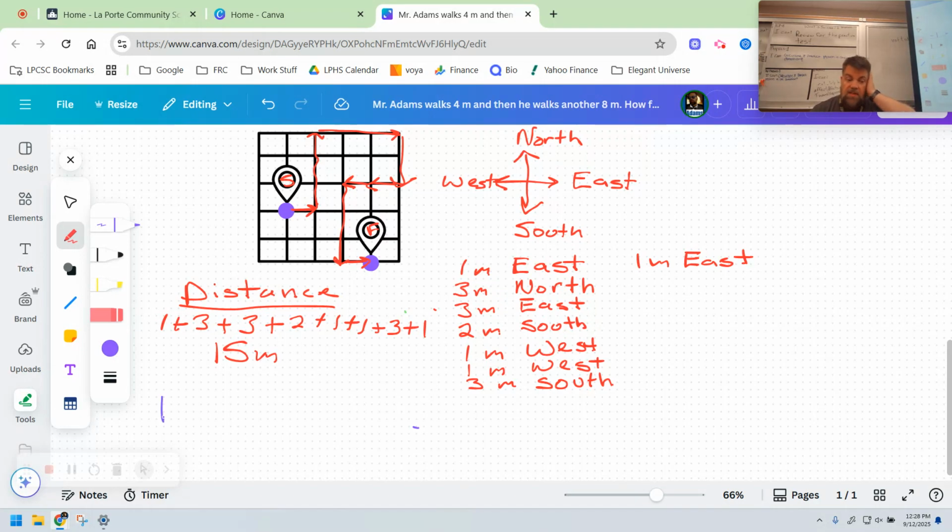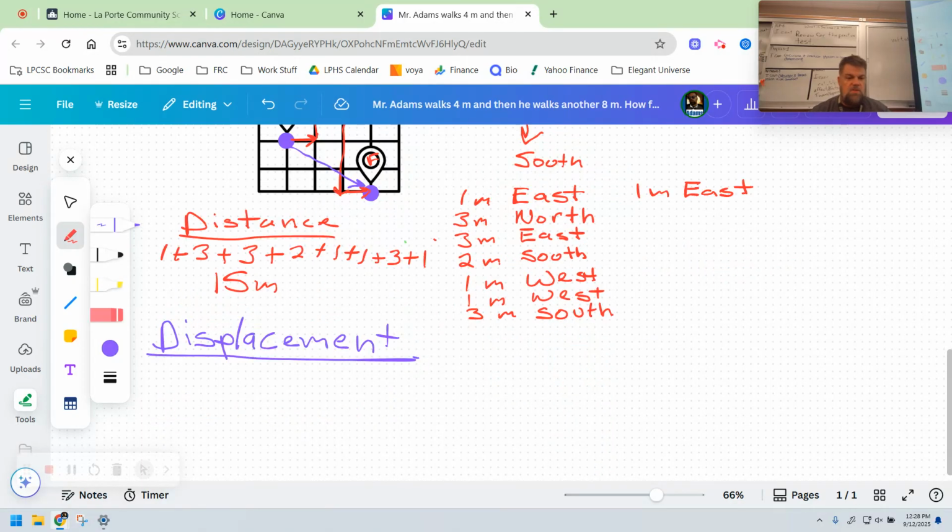But now if I want to find displacement, that's just going to be a straight line from the start to the finish. The distance between those two things doesn't really matter.